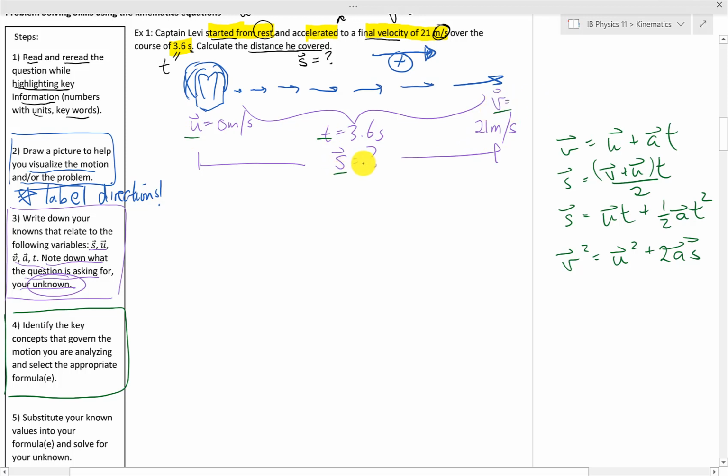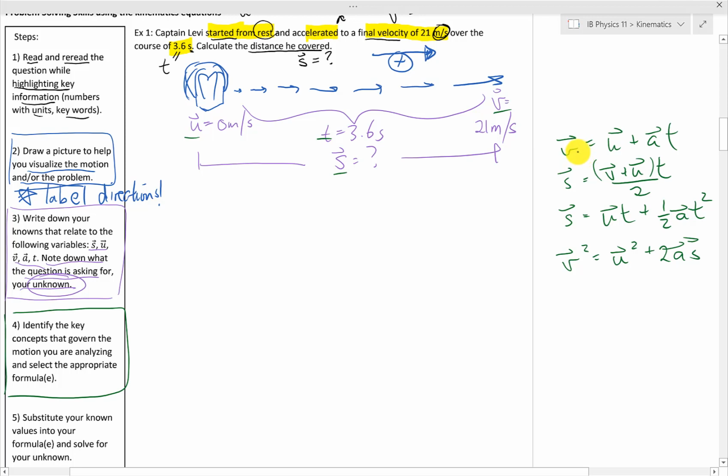So if we go to our 4 equations, what we want to do, and this is important for all your kinematics equations, is find which equation has all the symbols that you have labeled, including your unknown.